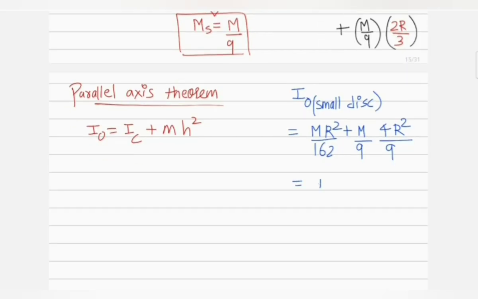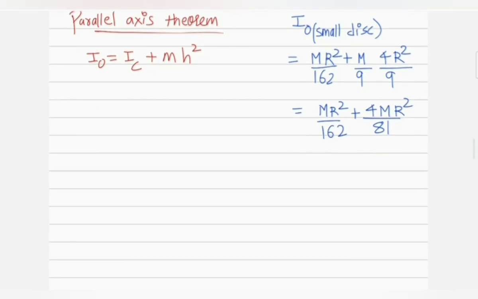Yes, so this will look like students mr² by 162 plus this will give you 81 in the denominator and the numerator is 4mr², so this total will be students mr² by 162 plus, instead of 4 by 81 I am writing 8 by 162, I can do this, mr² remains as it is.